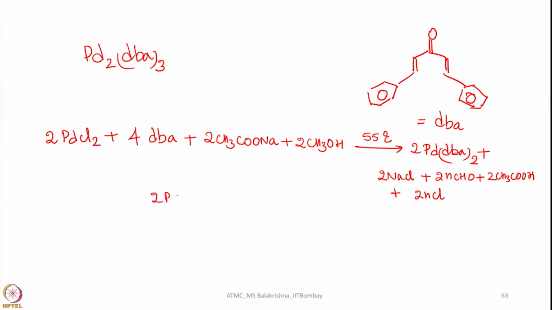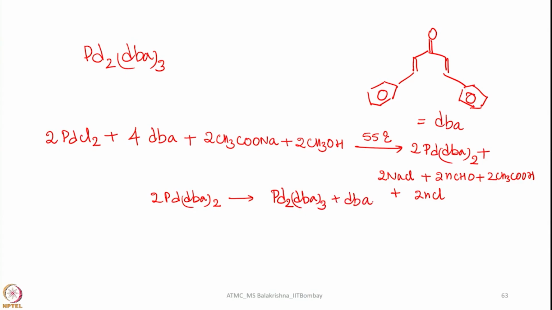This Pd(dba)2 will be in equilibrium. So, in solution it forms this one, plus dba comes out.